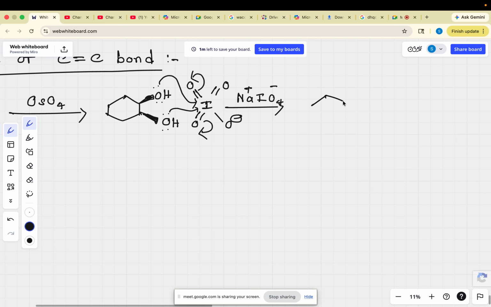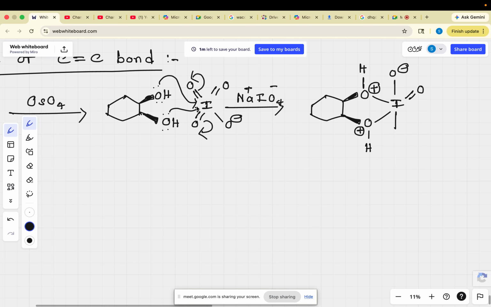So you are getting a structure like this. I have oxygen here, OH is there, the oxygen is donating electrons, so it will be positively charged. This double bond O is breaking, so I am getting O minus. This oxygen is becoming positively charged and attaching with your iodine.